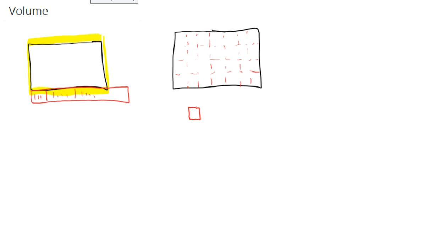Now we're moving on to volume. And volume measures three-dimensional shape, or how much it takes to fill up a three-dimensional area. And this is incredibly challenging to show in a two-dimensional fashion. And so what we do is we kind of give the appearance of three dimensions on a two-dimensional plane by drawing perspective drawings.